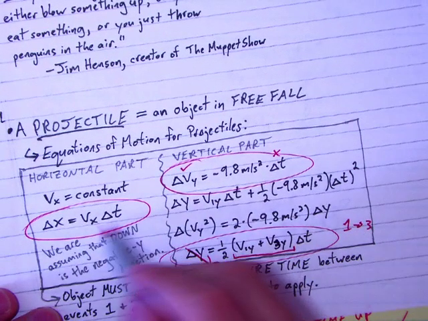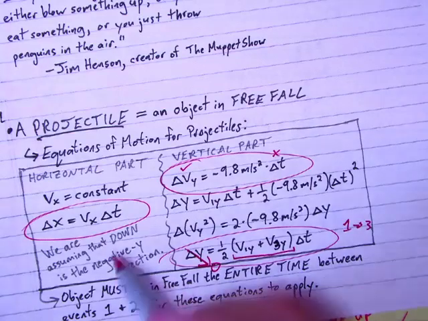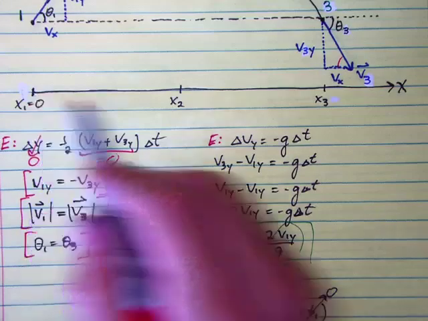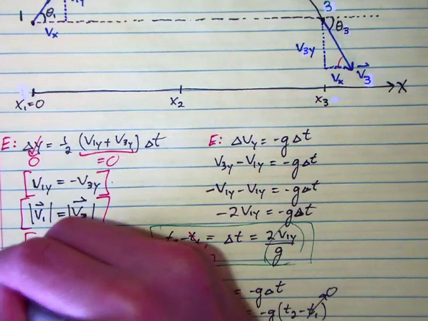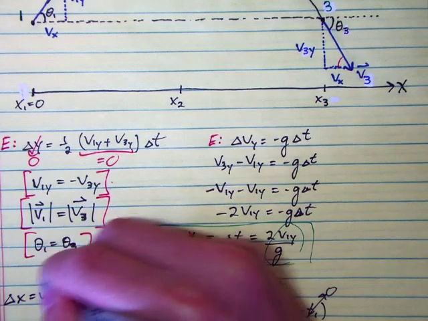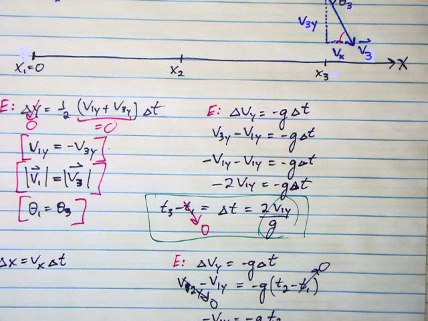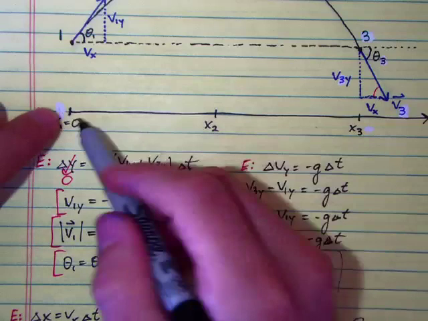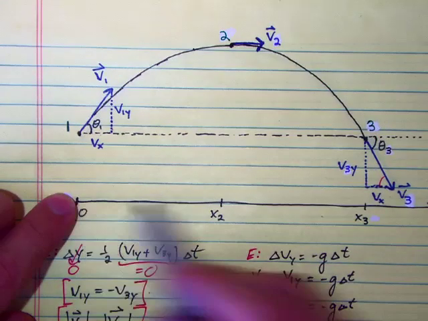It just depends on how long you've been traveling. So, x3 here, well, let's write down our equation. Delta x is Vx delta t. So let's compare traveling from event 1 to event 3 to event 1 to event 2.